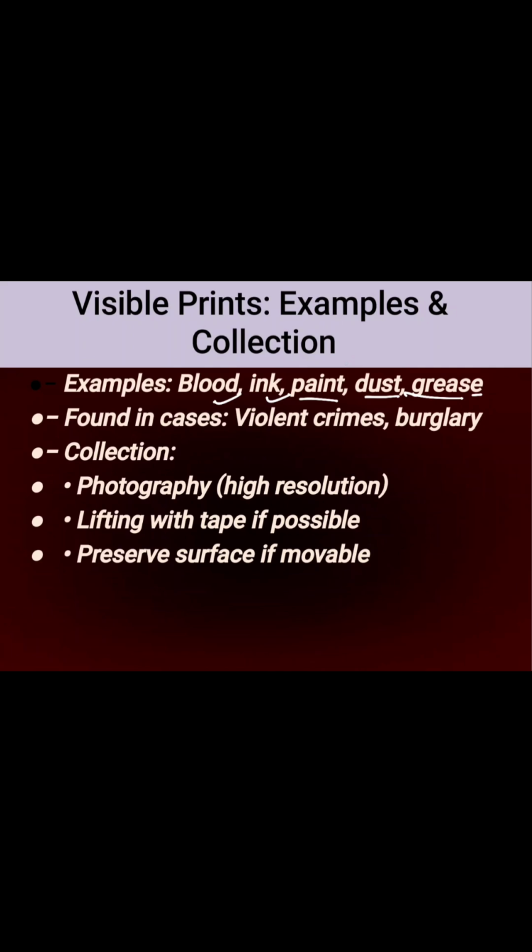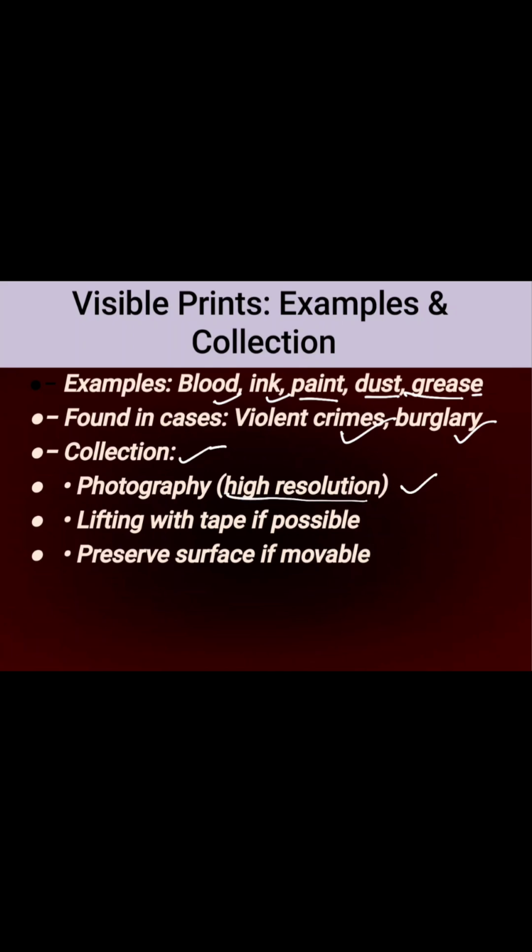So where can we find visible prints? They can be found in many cases such as violent crimes and burglary. There are some other crimes included, but these are the common cases. The collection method is, first of all, photography. Whatever print it may be, first we take photographs with a high resolution camera.